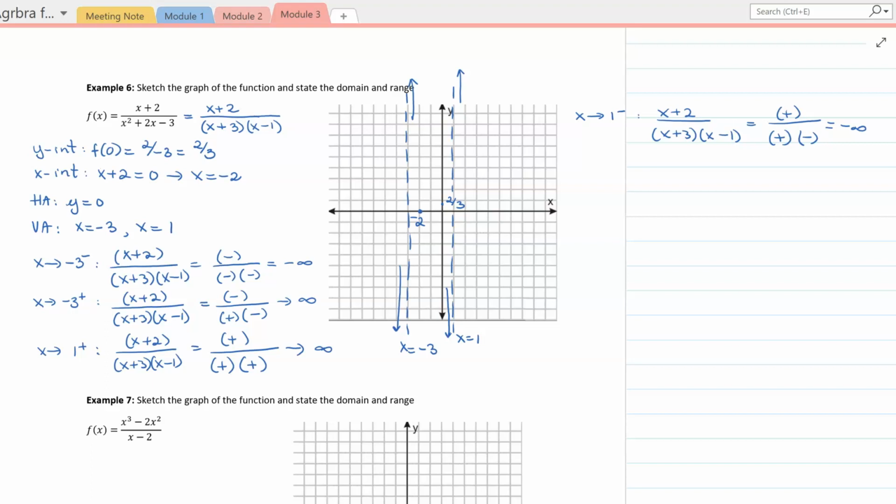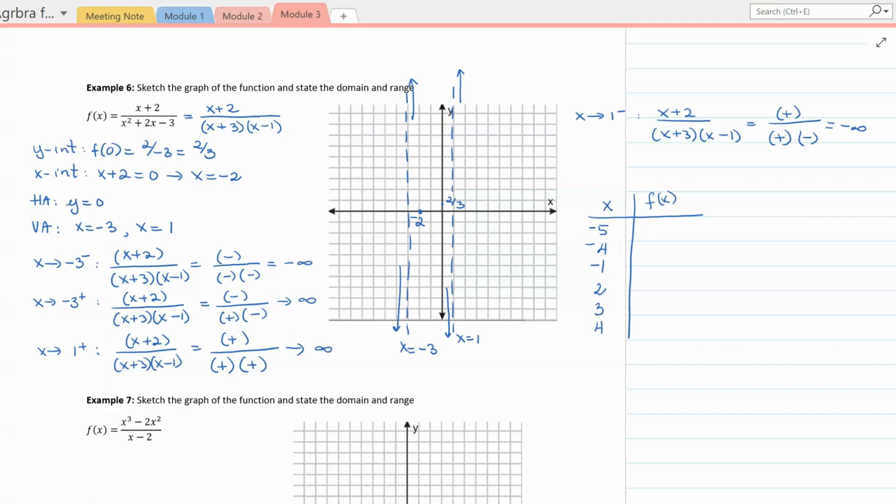Let's pick some values to figure out what happens in between. So let's start with x and f of x. Let's say negative 5, negative 4. We already know that negative 3 is an asymptote.